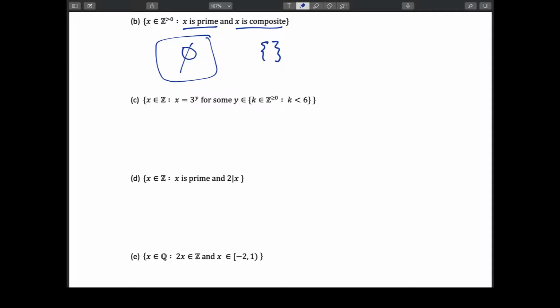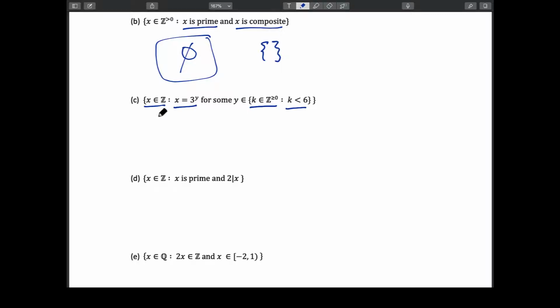Okay, so for part C, we have x is an integer, and x is equal to 3 to the y for some y in the set of integers that are greater than or equal to 0, but less than 6. And so first we have to figure out what that set is.